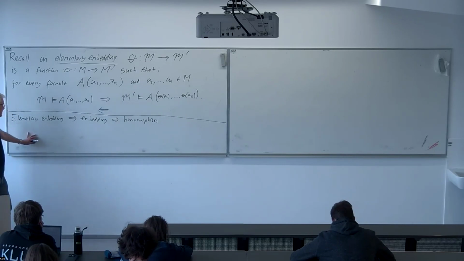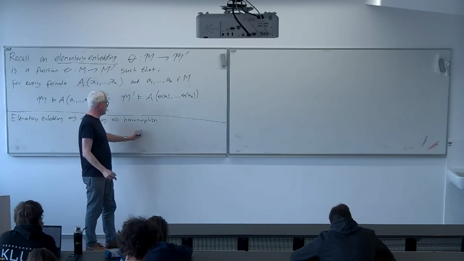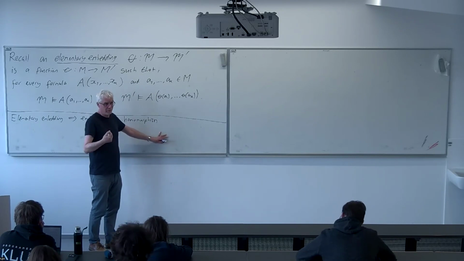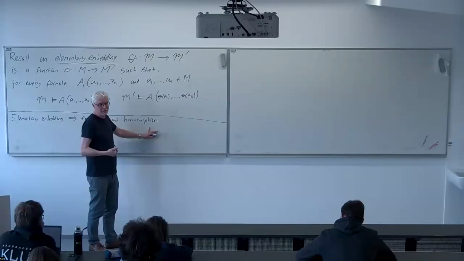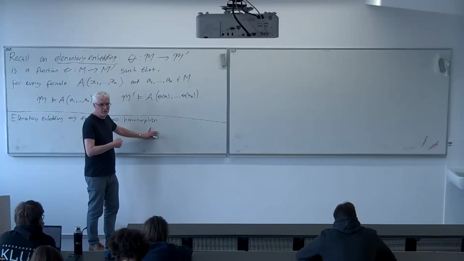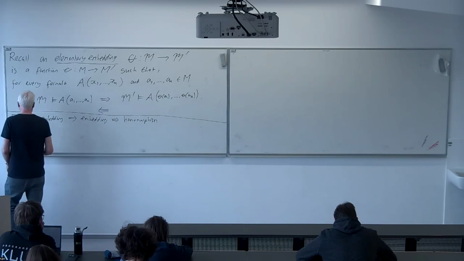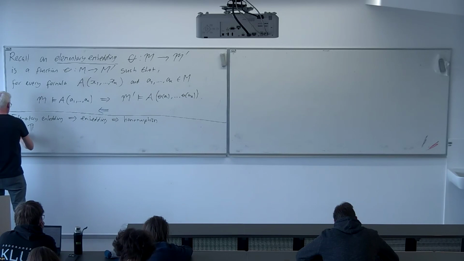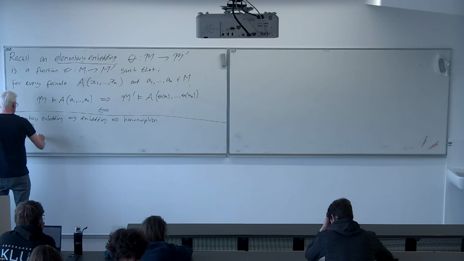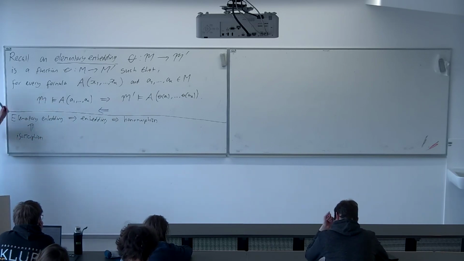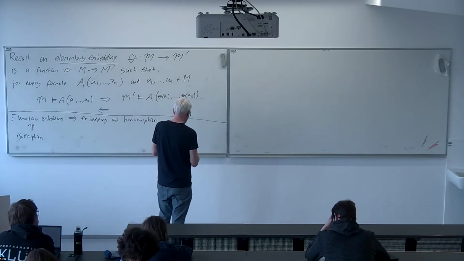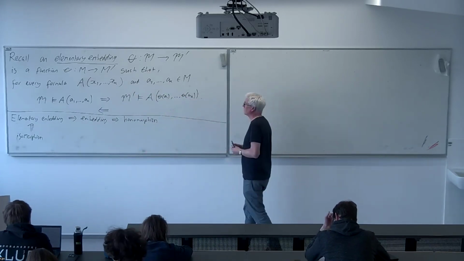We also remarked that an isomorphism, namely a homomorphism that's a bijection and whose inverse function is also a homomorphism, is an elementary embedding. Isomorphisms preserve logical properties.